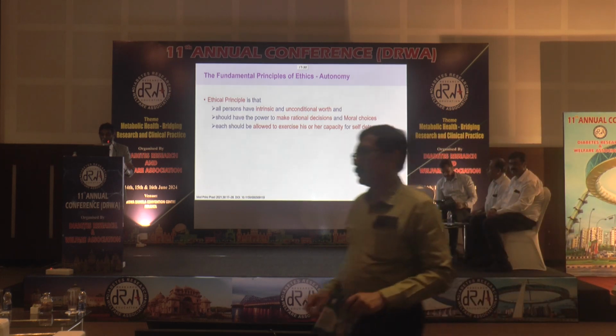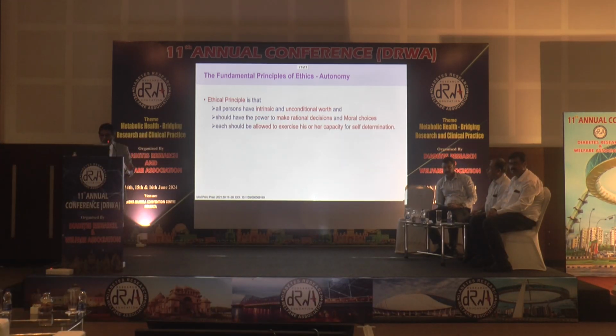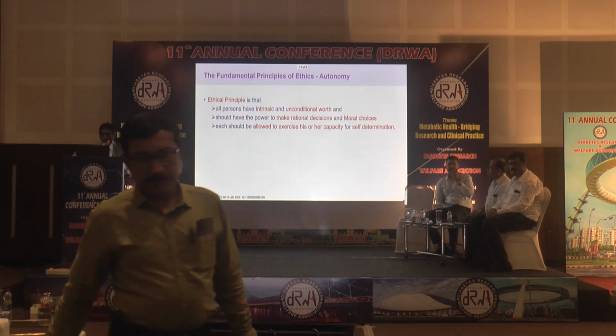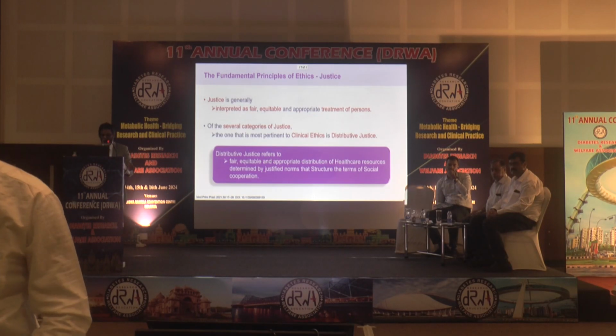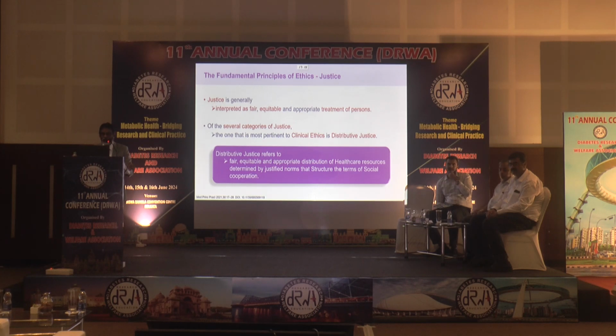They should have the power to make rational decisions and moral choices, and they should be allowed to exercise their capacity for self-determination. Justice is interpreted as fair, equitable, and appropriate treatment of persons. Distributive justice refers to the fair, equitable, and appropriate distribution of healthcare resources determined by justified norms that structure the terms of social cooperation.